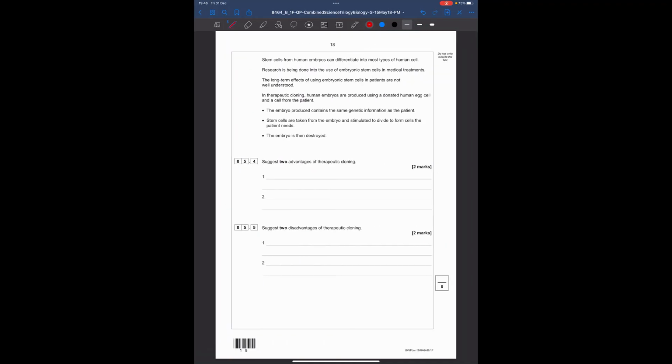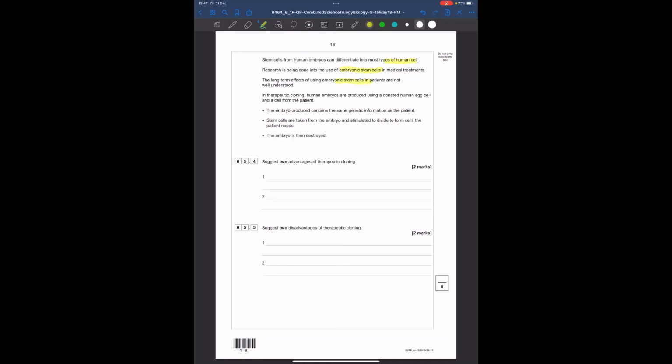Stem cells from human embryos can differentiate into most types of human cell. Research is being done into the use of embryonic stem cells in medical treatments. The long-term effects of using embryonic stem cells in patients are not well understood. Okay?